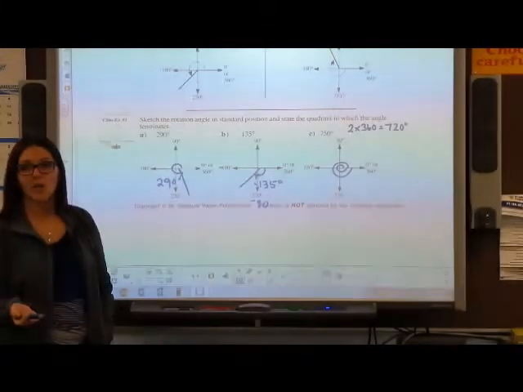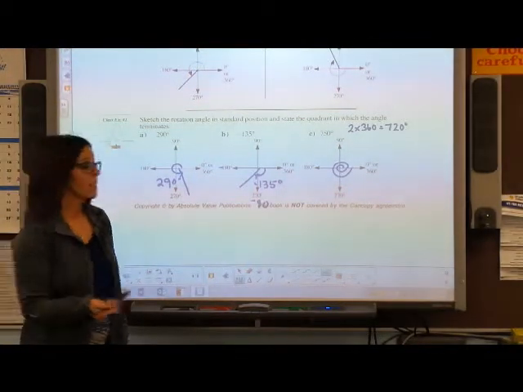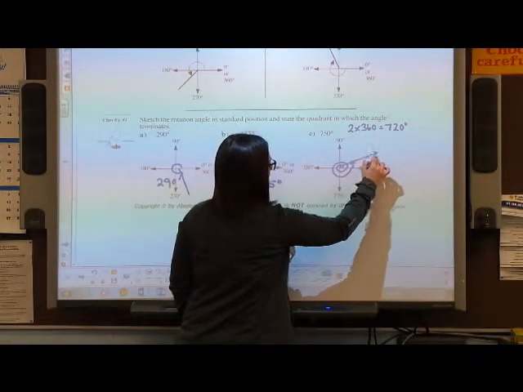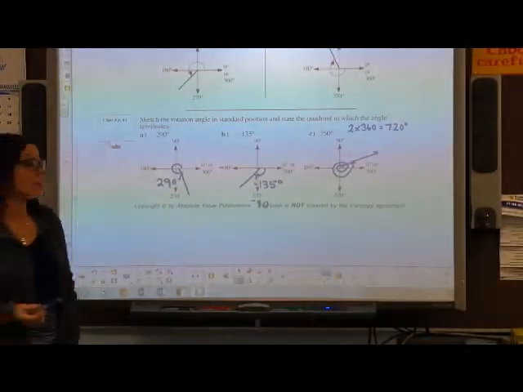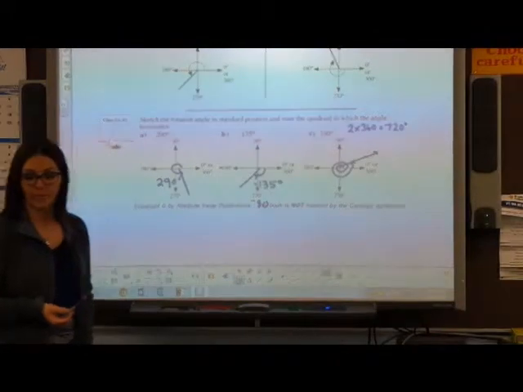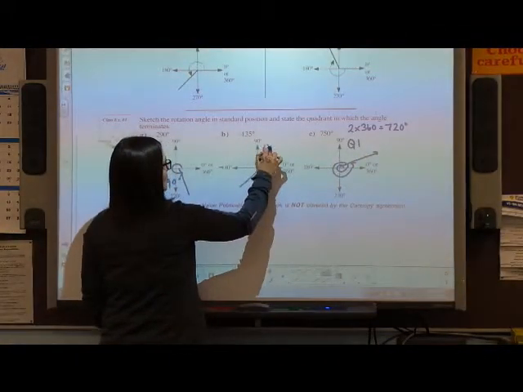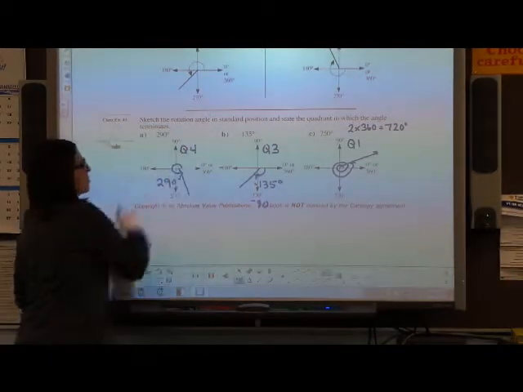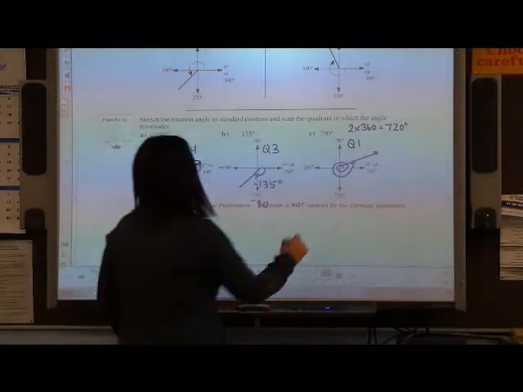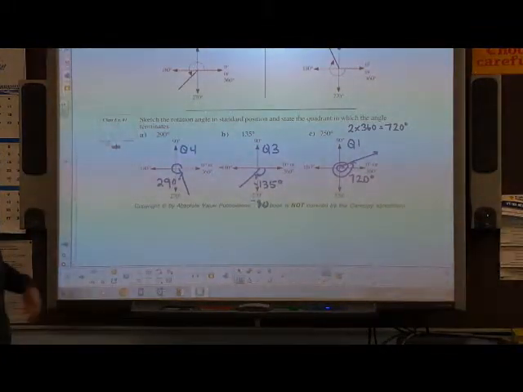And then I need to go another how many degrees after that? 30. So a little bit more. And there's my drawing. What's important is that I show that I've gone around twice and then up a little bit more. So I pass through quadrant 1, quadrant 3, quadrant 4. And then again, I can also label this 720 degrees.